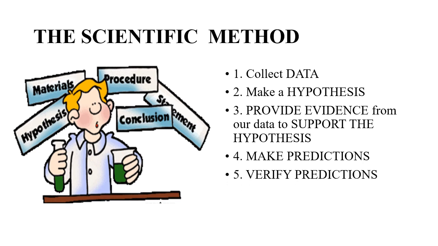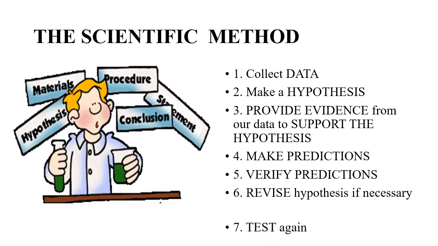If the predictions are right, we try to get more data to verify again. If the predictions come out wrong, then we need to revise our hypothesis and start the process all over from number 2 again. So this is what we mean by the scientific method. We follow these steps.